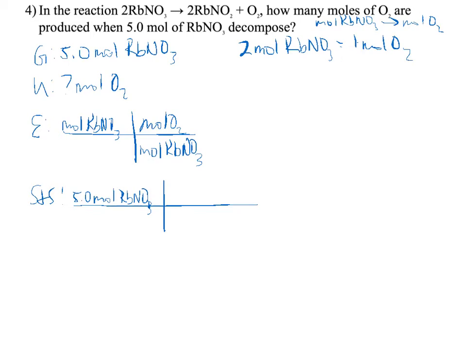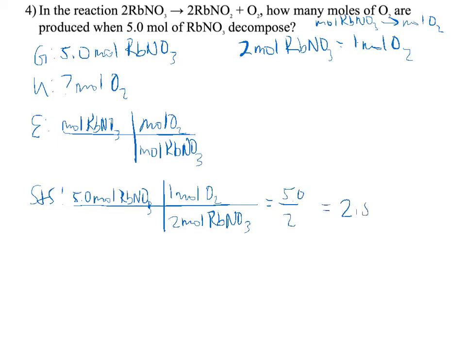It's 1 mole of oxygen, 2 moles of rubidium nitrate. So this is going to be 1 on top and 2 on bottom. So 1 mole of oxygen for every 2 moles of rubidium nitrate. So really all we're doing is taking our 5.0 and dividing it by 2.